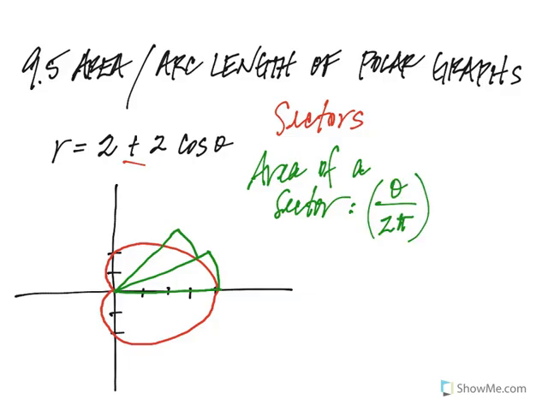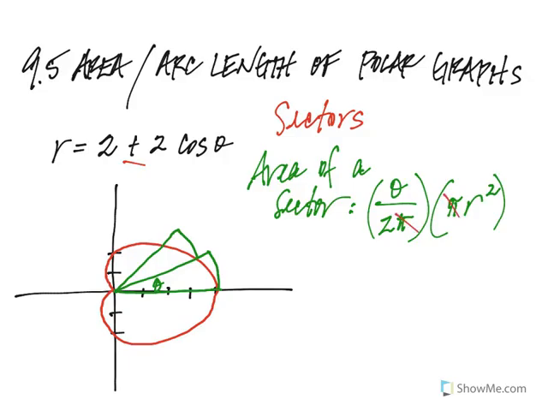So for instance, if each of these thetas inside these sectors were 36 degrees, then each one of the pie slices would be 1/10 of the area of the circle. So I'm going to take theta over 2 pi, and multiply that by the area of a circle, which of course is pi times radius squared.